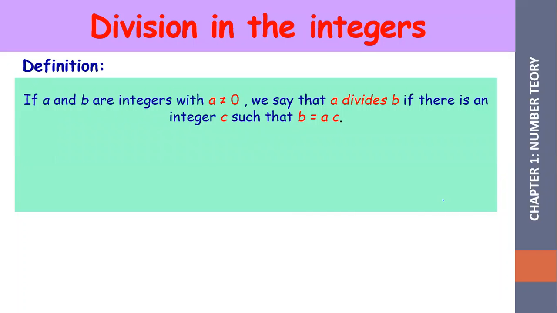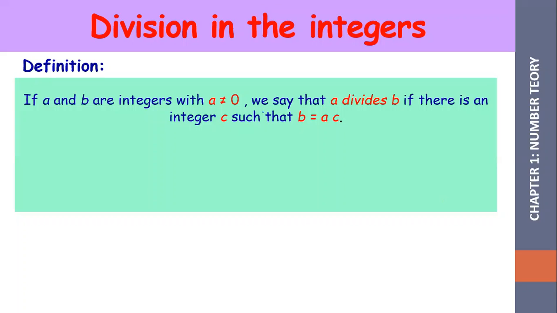Alright, so definition: if A and B are integers with A not equal to 0, we say that A divides B if there is an integer C such that B is equal to AC.